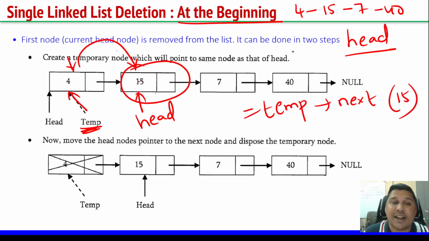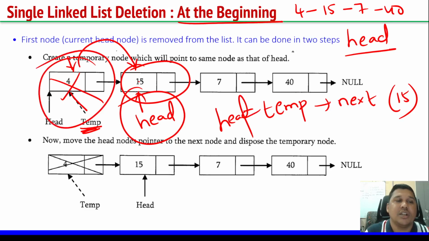This I have to make my head. That's it. When you make this the head, this is gone now. This element is entirely gone, because we always know that in a linked list, the first node, the beginning node, is always pointed to by head. The head pointer is always pointing to the beginning of the list.